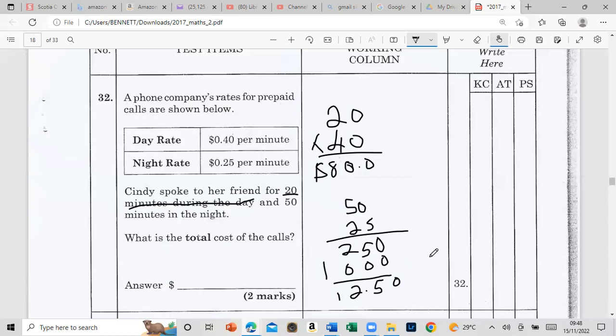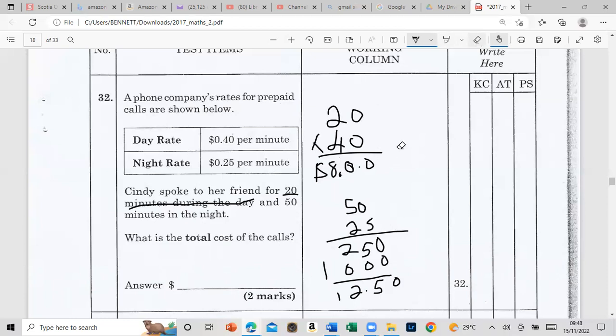So all we have to do now to get the final answer is add both of them. We'll create some space. So the first one is $8 because of 2 decimal places, right?